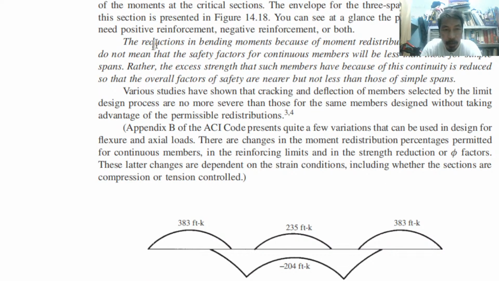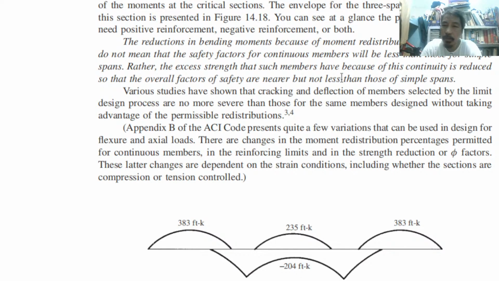The reductions in bending moments because of moment redistribution as described here do not mean that the safety factors for continuous members will be less than those for simple span. Rather, the excess strength that such members have because of discontinuity is reduced so that the overall factors of safety are nearer but not less than those of simple span. Take note, nearer but not less than.